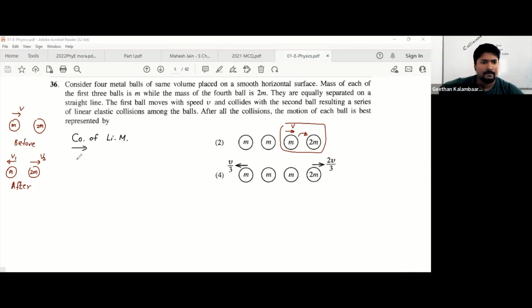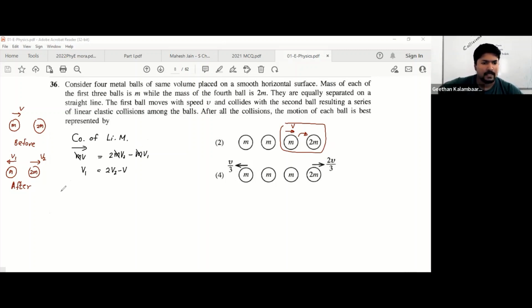Initial momentum mv is equal to 2mv2 minus mv1. The m's get cancelled here. So we can say that v1 is equal to 2v2 minus v.